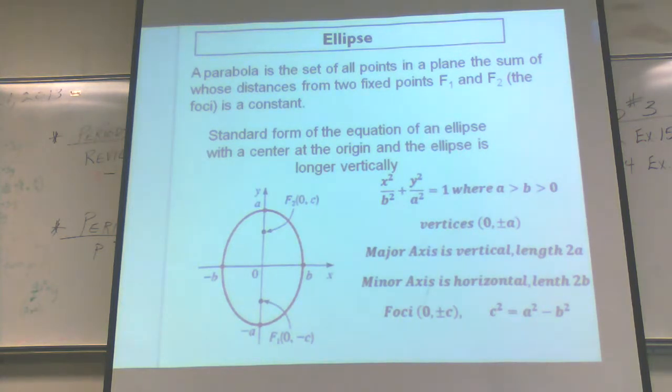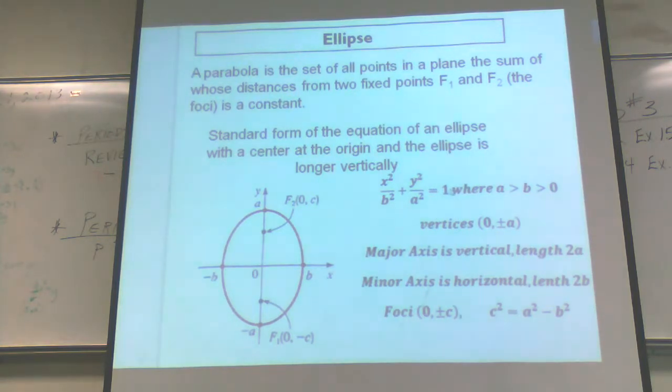The only difference is, don't write everything again. Just change it so you understand this is if the ellipse turns, so it's longer going up and down as opposed to left and right, horizontal. The only thing that's going to change is now the larger number, the a squared, is going to be beneath the y, because your y-axis is longer, so the bigger number needs to go beneath the y.